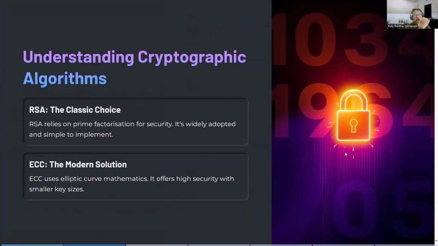So we first need to understand the cryptographic systems that we use in this experiment, which are RSA and ECC. RSA is the classic one. RSA relies on prime factorization for security, and it's widely adopted and simple to implement, because it's a kind of ancient algorithm that is already used worldwide.